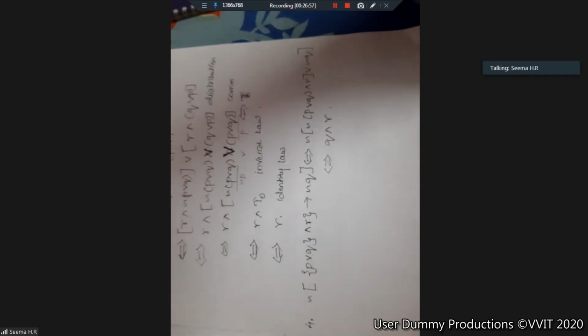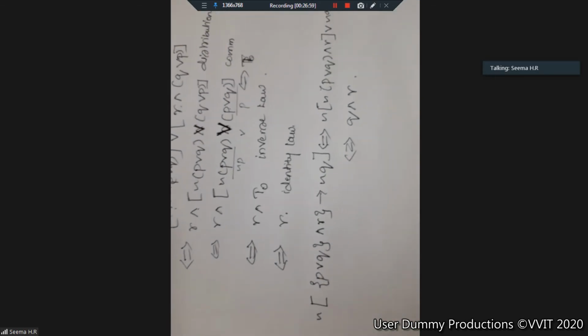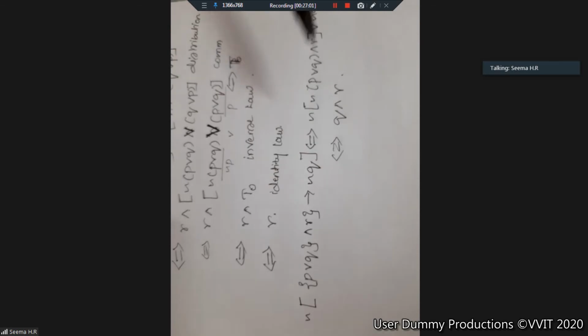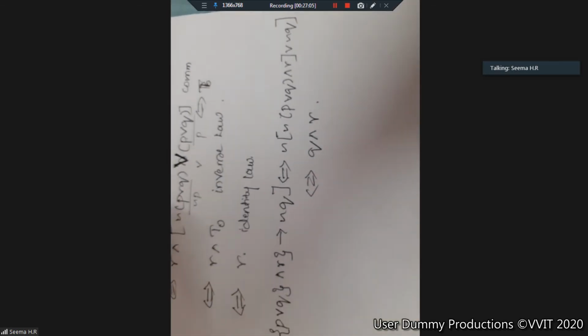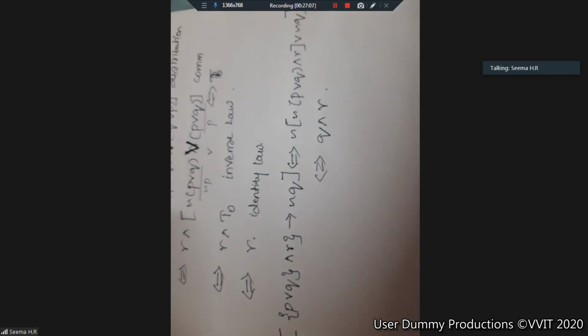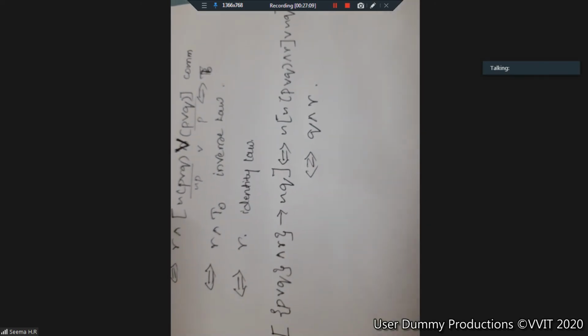Tell me. So you are required to show negation of P or Q, and R implies negation of Q is equivalent to this and then this. So how do you prove this? What shall we do?